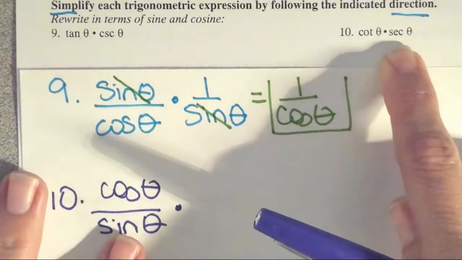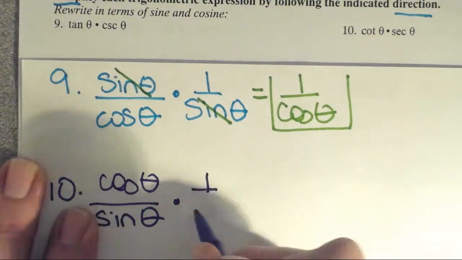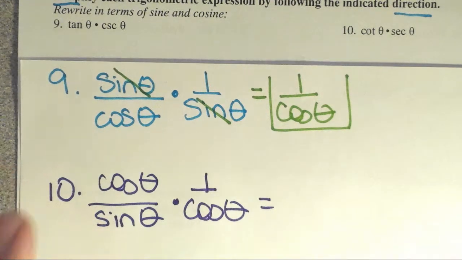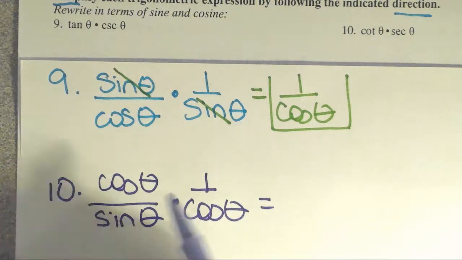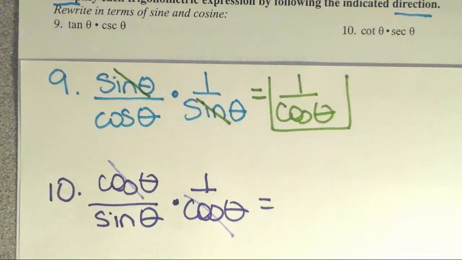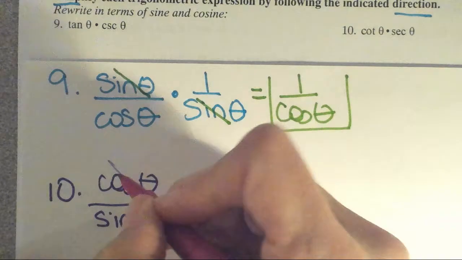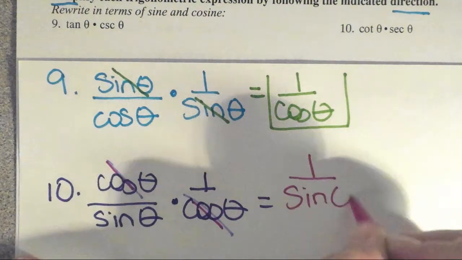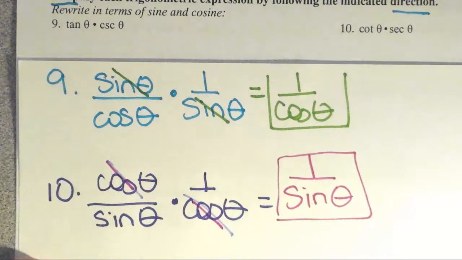So for secant, in place of that word, I'm going to write 1 over cosine. And then we're going to see it happens again. That I'm multiplying fractions, so I can cross cancel. And when I cross cancel, I'm left with a 1 on top and a sine theta on the bottom.